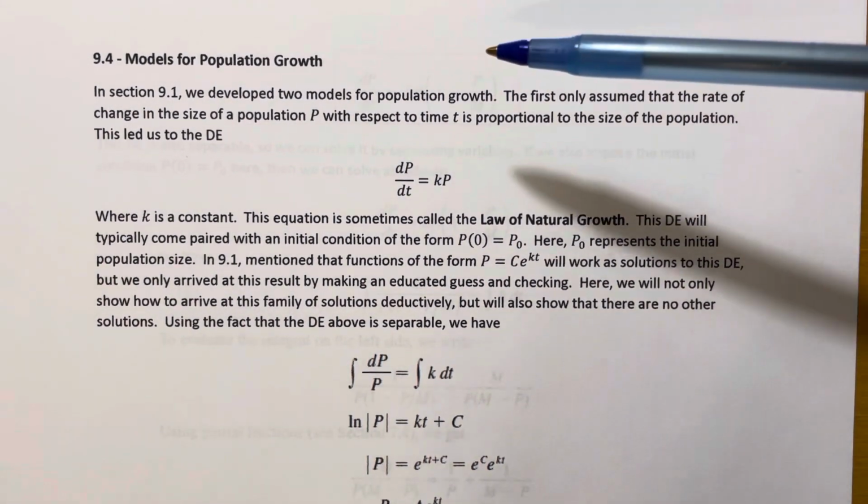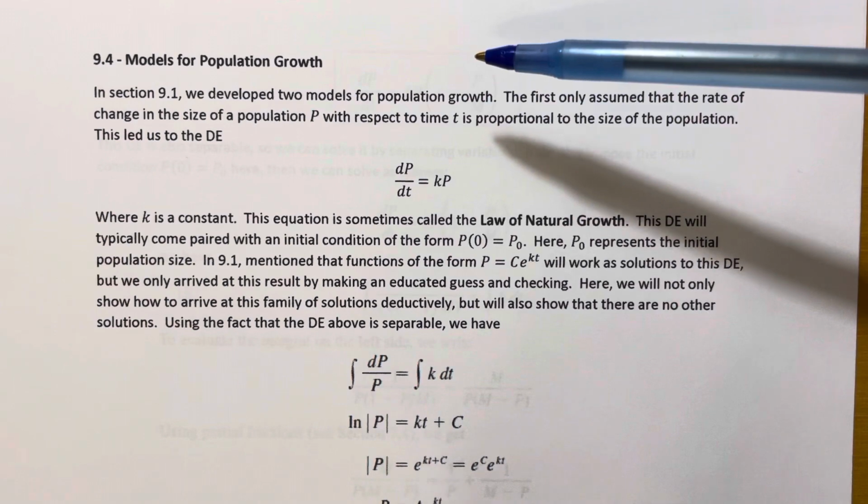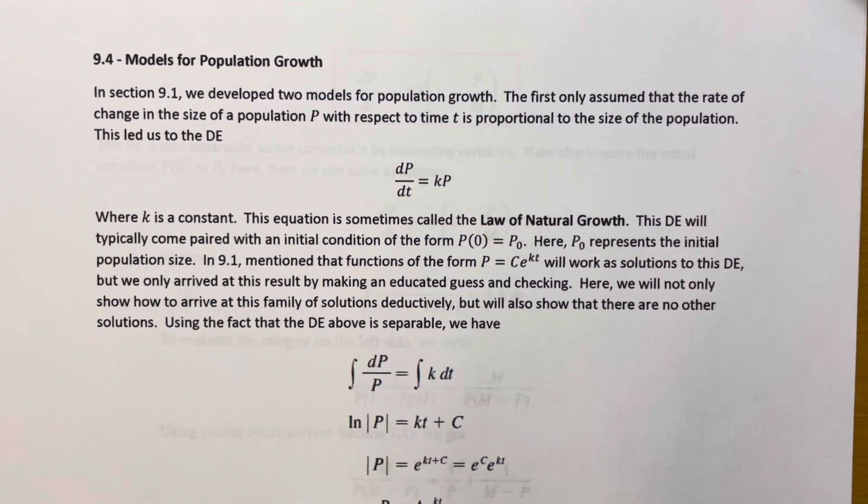So just to recap, back in 9.1, we said that if P represents the size of a population, and by population, we're talking about any organism that's capable of reproduction. So it could be humans, bacteria, field mice, whatever.